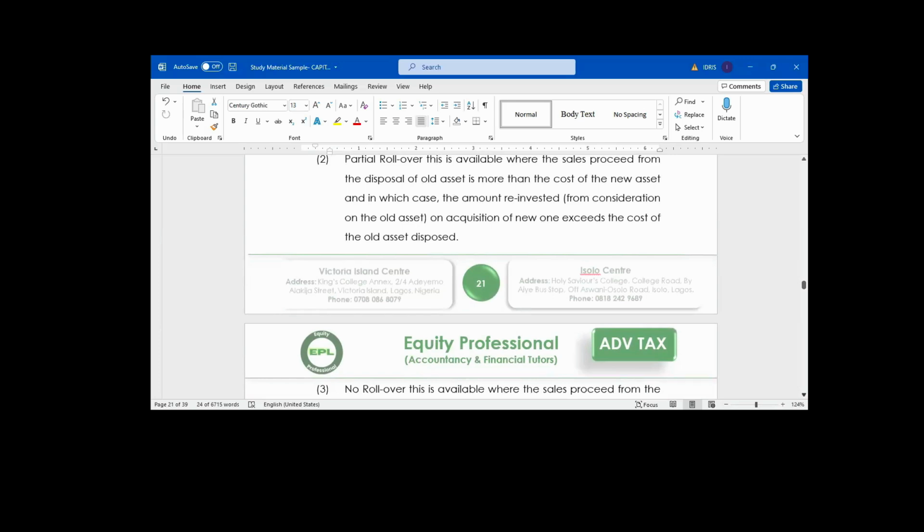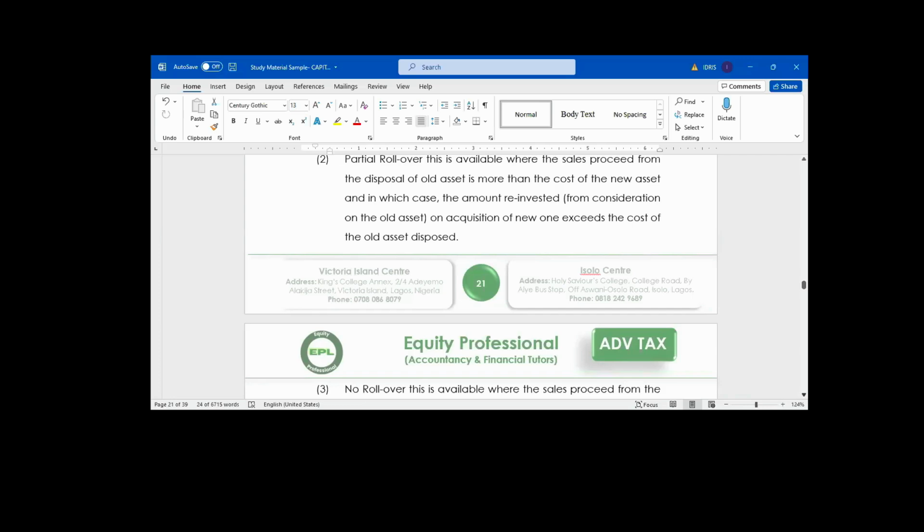Sorry, that is what partial rollover means. I can describe partial rollover in another way.